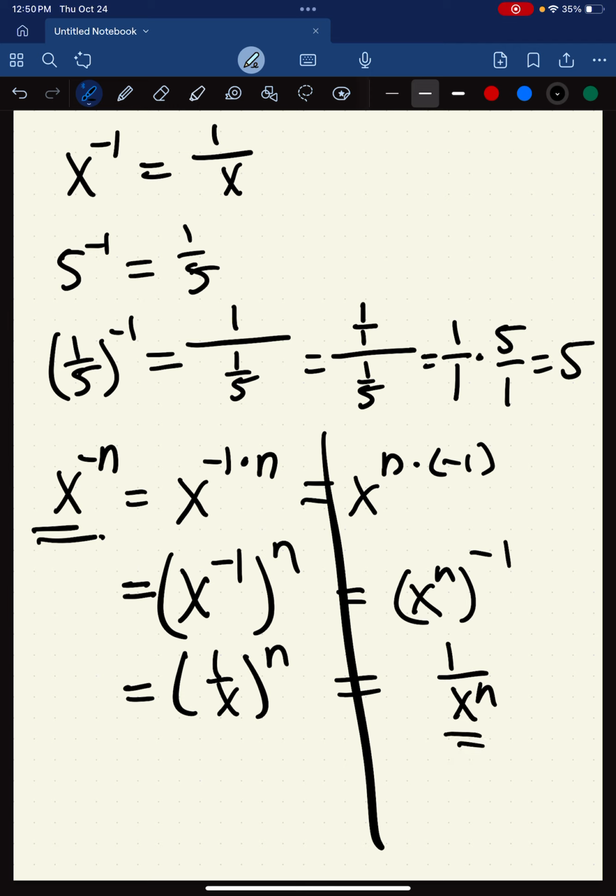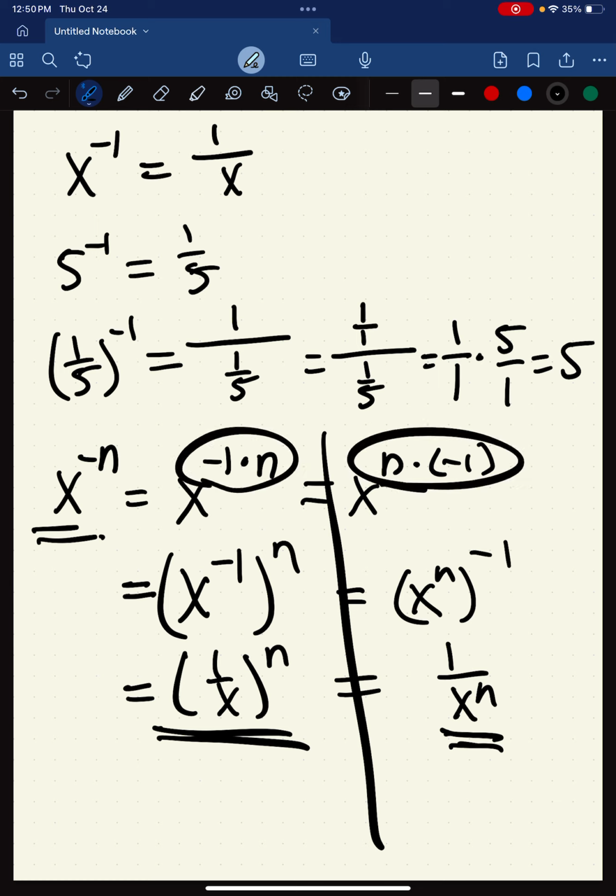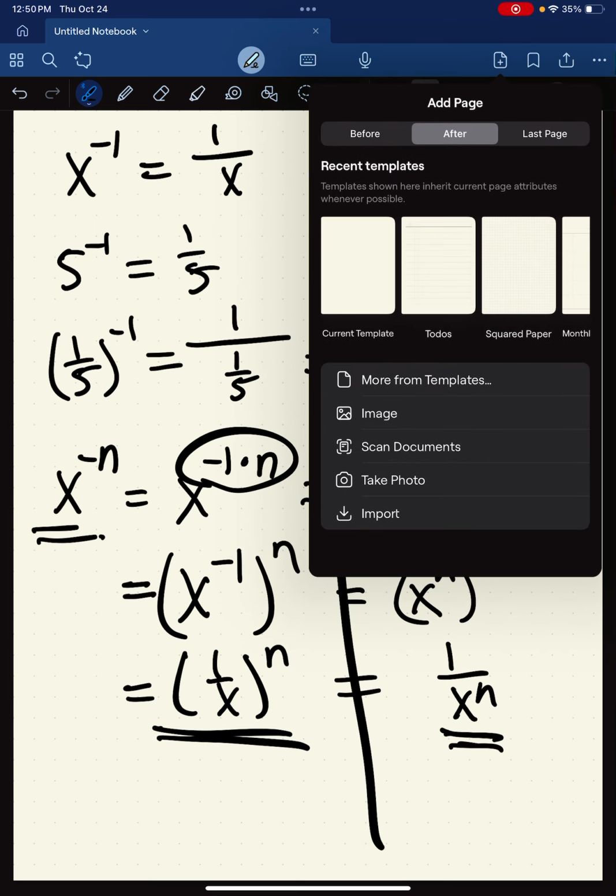So we actually just derived here, x to the negative n is 1 over x to the n, and also 1 over x, all to the n, is the same thing as 1 over x to the n. So we get a 2-for-1 there, just using the commutativity property of multiplication. Everything we've learned up to this point is really starting to play a role, in particular the properties of the real numbers.